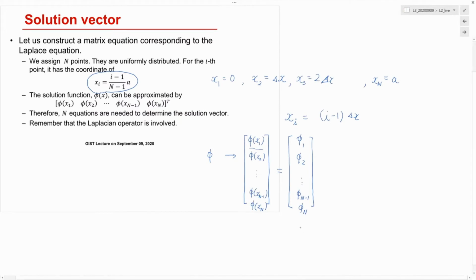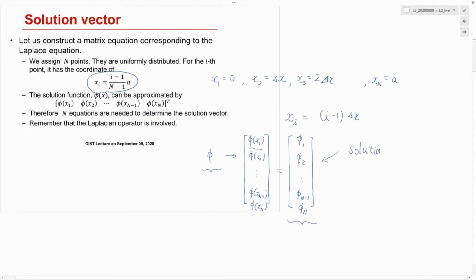So just considering limited information for sampled points, our grid points, we are satisfied. We will believe only finite information about the solution function phi is enough to reconstruct the original solution. That is our assumption. We have discussed it in a previous lecture. So we will keep this solution vector.